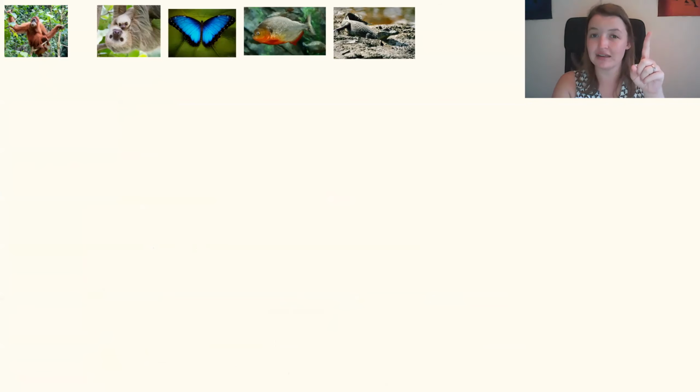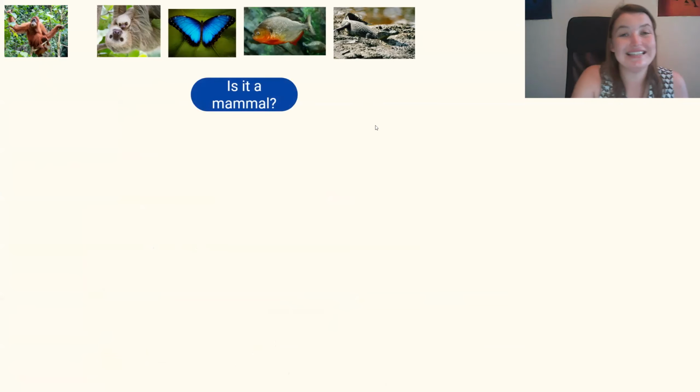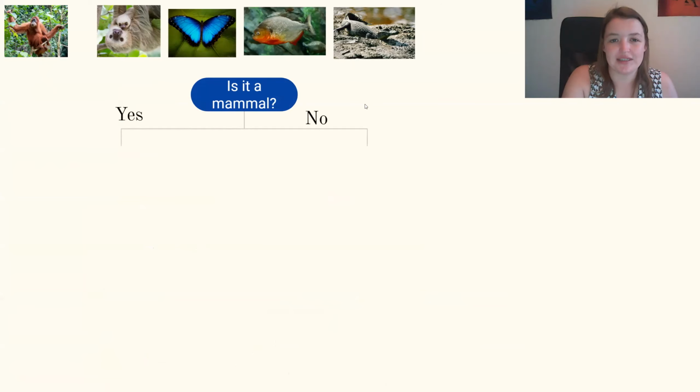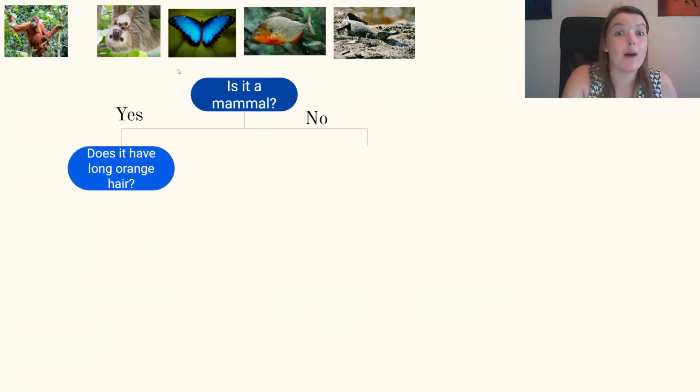So the first question I asked was, is it a mammal? Because I could see that some of these animals were mammals and some of these animals were not. So this separated out my animals. These 2, the sloth and the orangutan, are both mammals. So what separates those 2 mammals from each other?